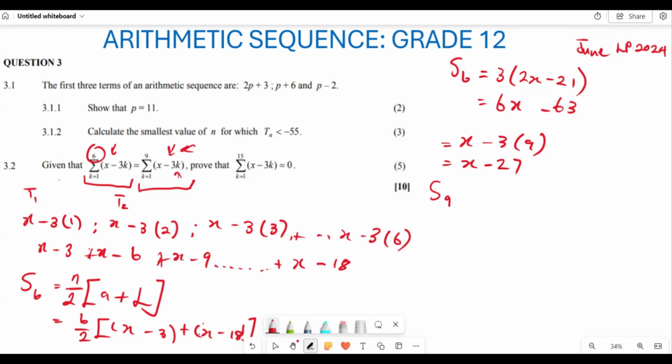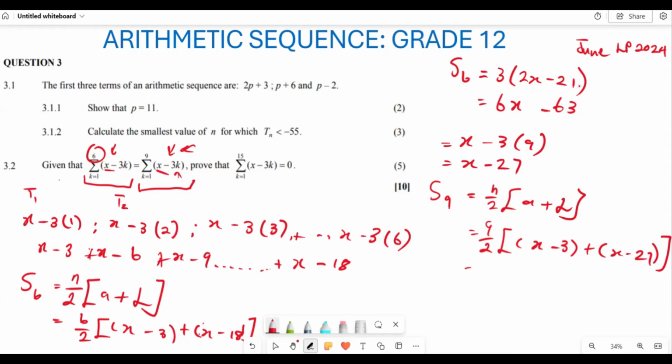Now, when I do my sum of 9, I'm still using the same formula of n over 2 into a plus L, right? Remember the a is still the same as x subtract 3, because it's x subtract 3k here, and even this side it was x subtract 3k, right? So where there is n, I write 9 over 2 into what is my a? My a is still x subtract 3, plus x subtract 27, right?